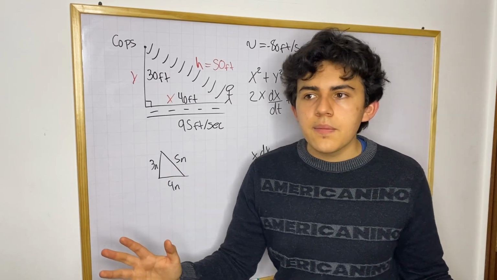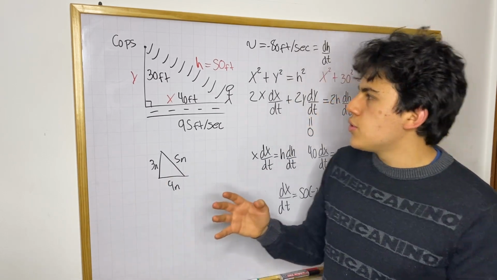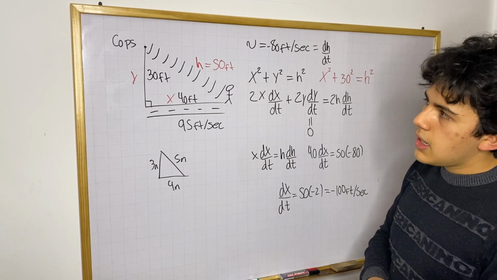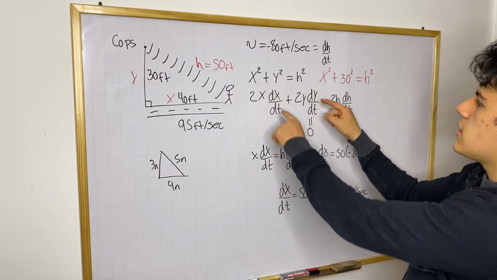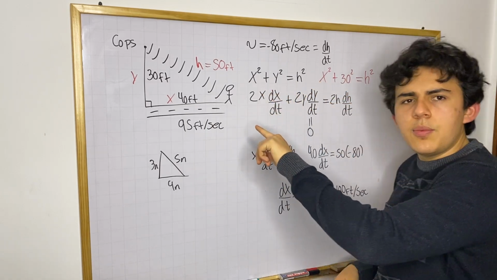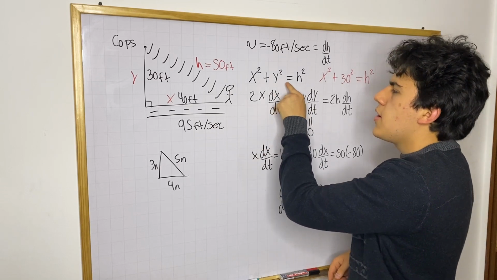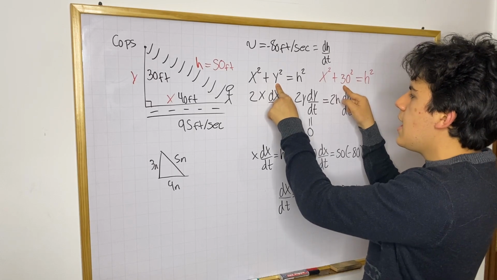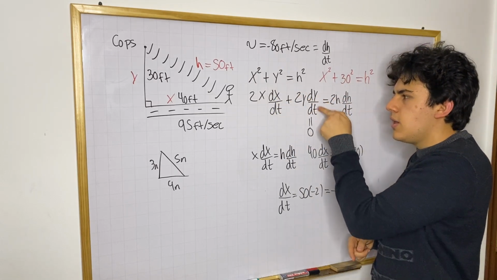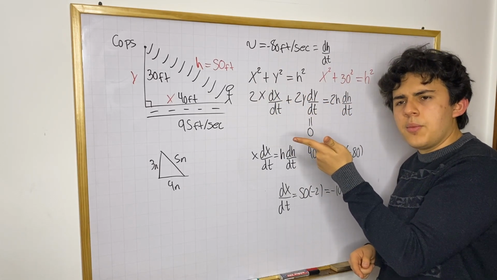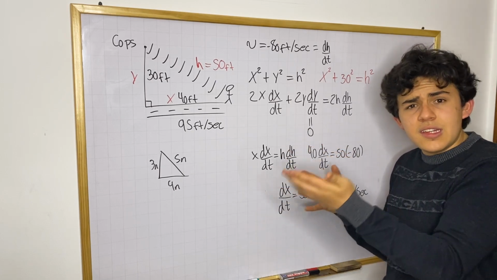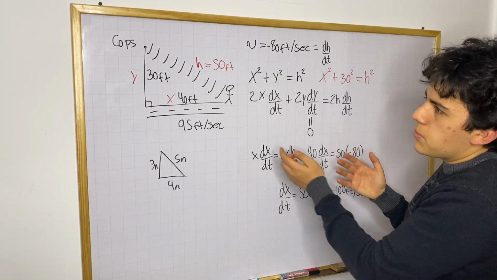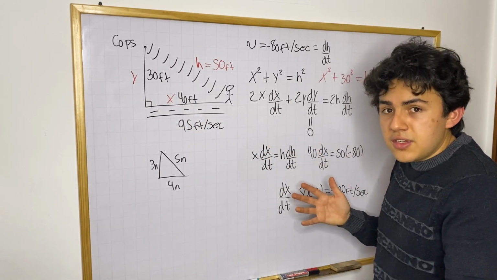I think a very important notion when solving related rates problems is being able to understand this part over here. Many people write y in here instead of just plugging in a constant, and then they don't know what to do with dy over dt. That's a very common and, I would say, very silly mistake, because you know that this measurement will not change, okay?